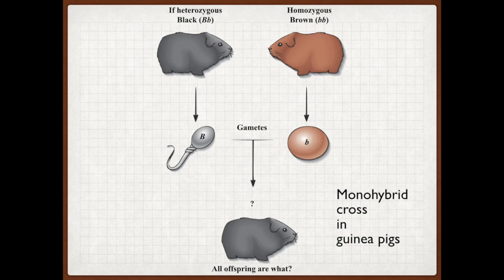The black-furred father will be giving, in this case, randomly, either a big B or a little b. And you can see in the picture, it's going to be giving the genetic information of a big B, which would be for hair color. And the homozygous brown-furred guinea pig can only give a little b. So what do you think the children are going to be? Well, in this case, it's going to be a big B, little b.